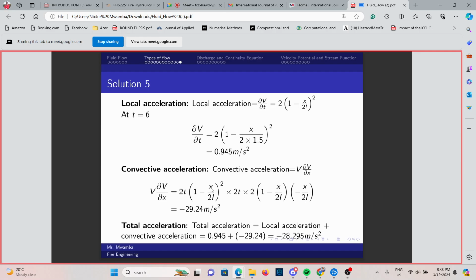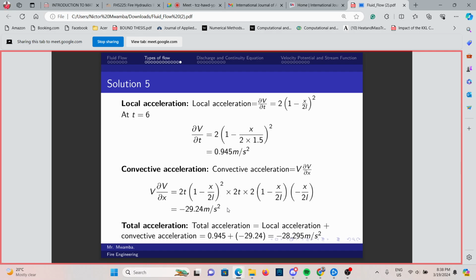Then substitute your L as 1.6, your x as 1, and your t as 6 seconds. When you substitute that, you're going to get negative 29.24 meters per second squared.